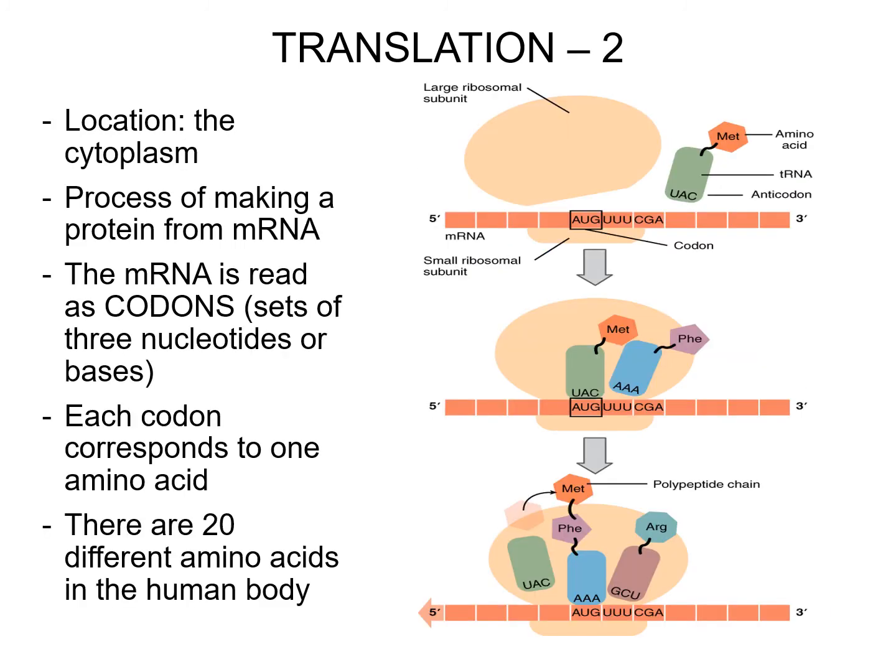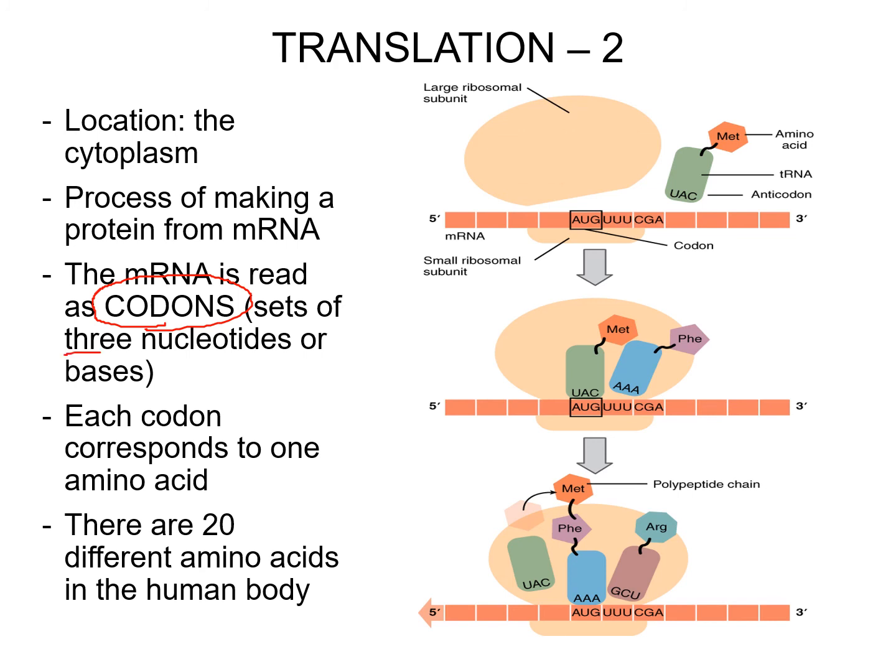So once again, happening in the cytoplasm. And how this works, how the transfer RNA actually brings it to the ribosome and how we actually make amino acids from this is it exists in something called codons. And another word for a codon, or another way of saying a codon, is a triplet.